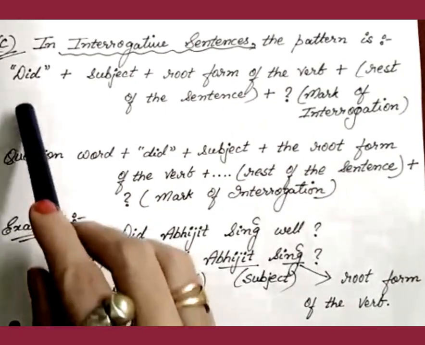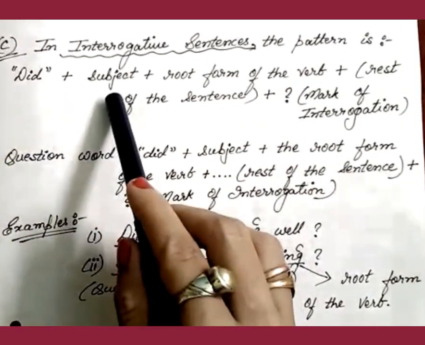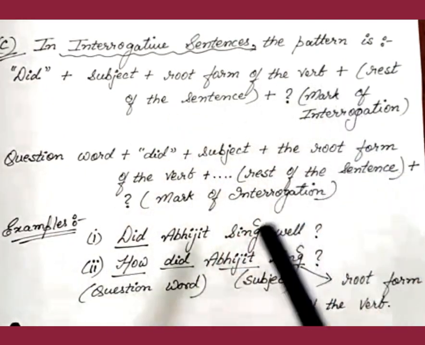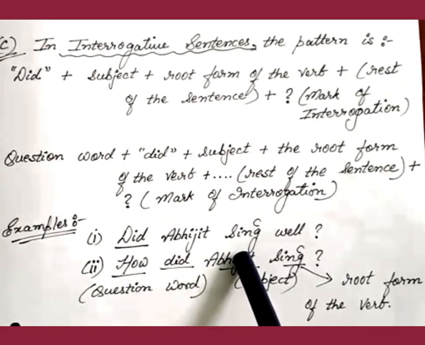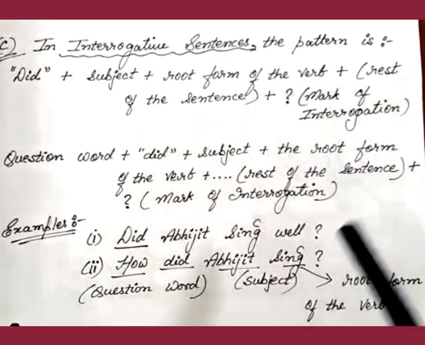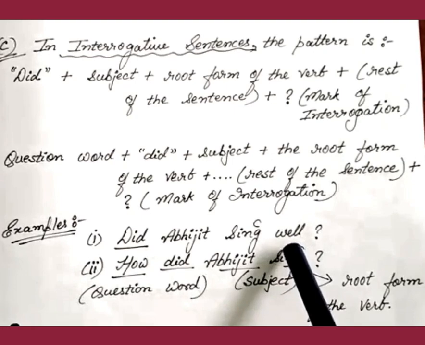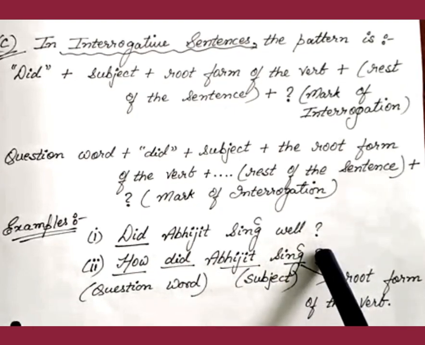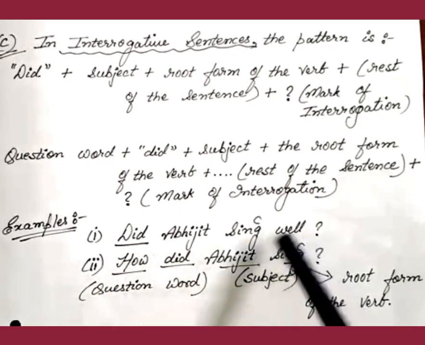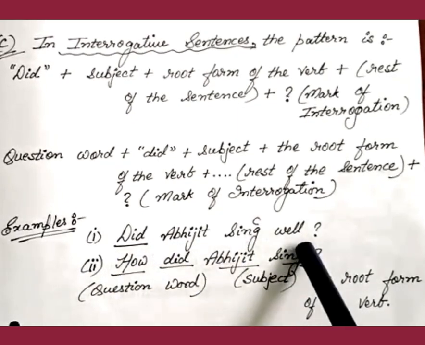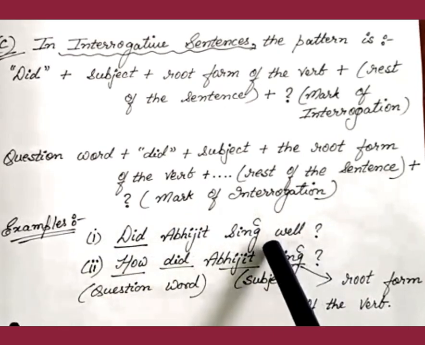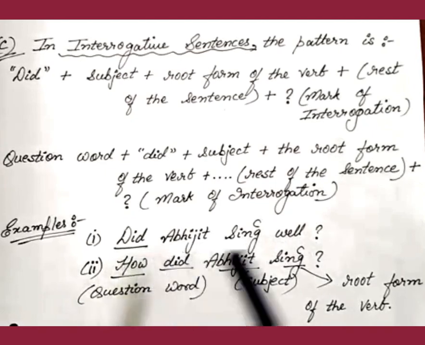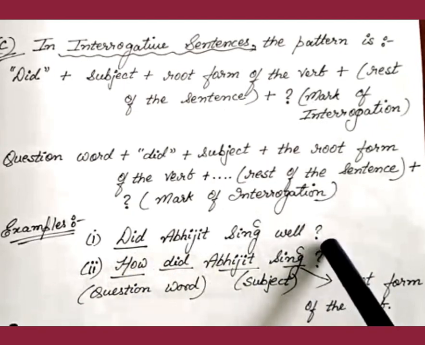We have written did, plus the subject, Abhijit, plus the root form of the verb, sing, plus the rest of the sentence, that is well, which was the only remaining part, plus the question mark that you have added here. So the sentence is, did Abhijit sing well? We have converted the sentence to an interrogative sentence. Herein we find that it ends with a question mark and it asks a question.